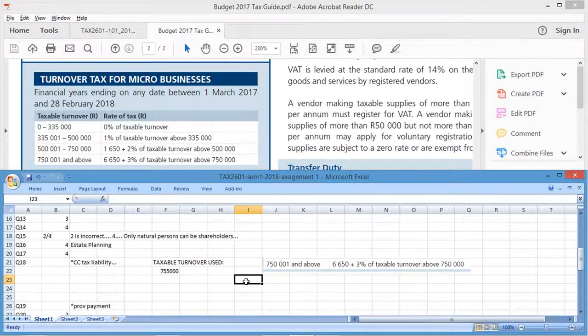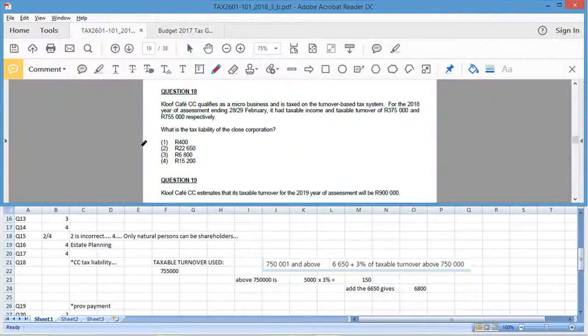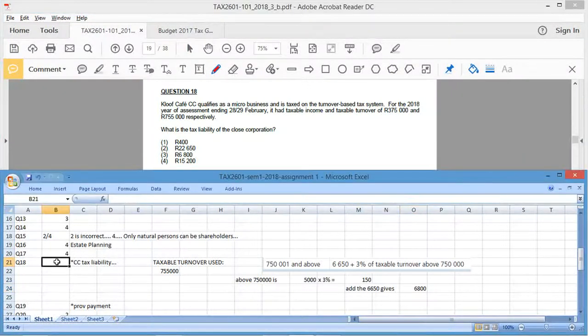So the amount above 750,000 is equal to that minus 750,000, gives me 5,000, times it by 3% gives you an amount of 150. Add the 6,650 gives 6,800. Is 6,800 there? Yes, it is. Option 3.